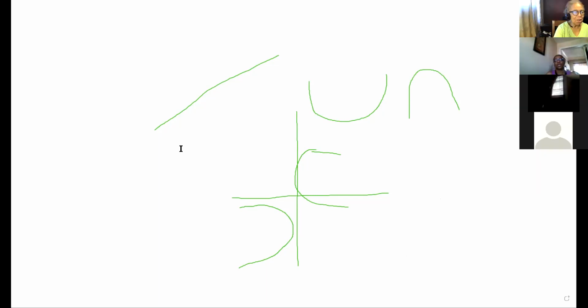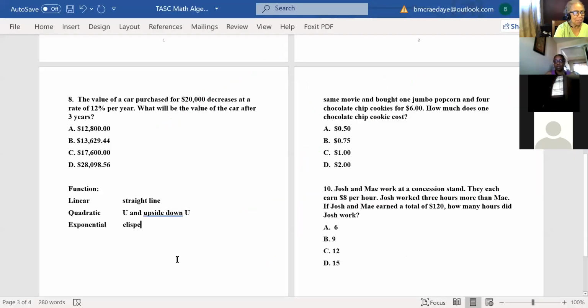In other words, if I draw the line here, it's like this, or it could be the other way. That's the way the exponential looks. Now, there are two kinds of exponential. They could be decreasing or increasing. Now, does anybody know the name of it? What do you call the increasing one?